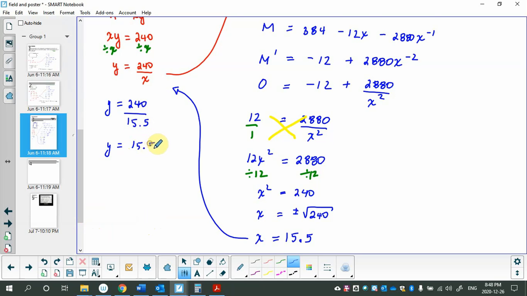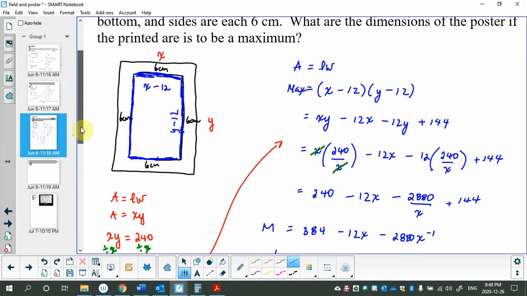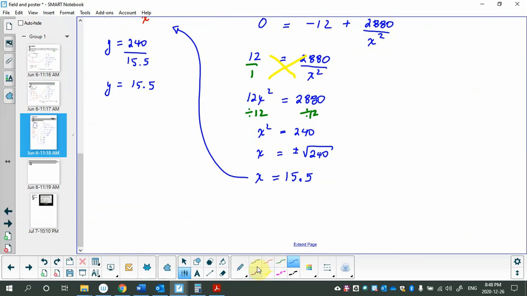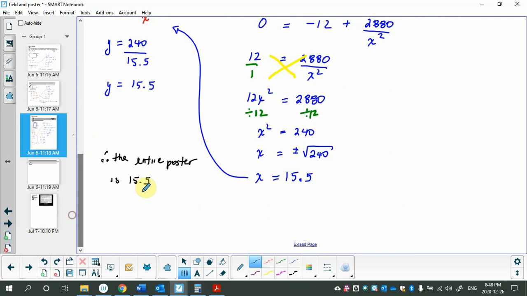So the poster is actually square. So what are the dimensions? I'm going to say, therefore, the entire poster, as opposed to the printed area, is 15.5 centimeters by 15.5 centimeters.